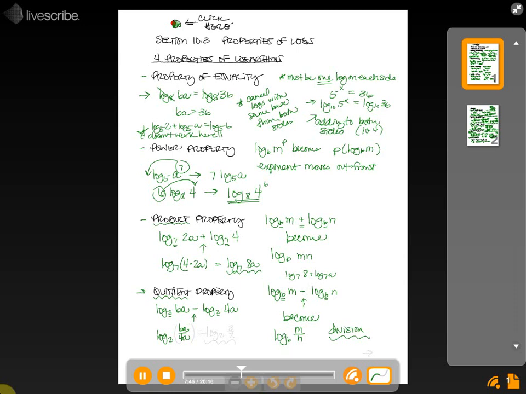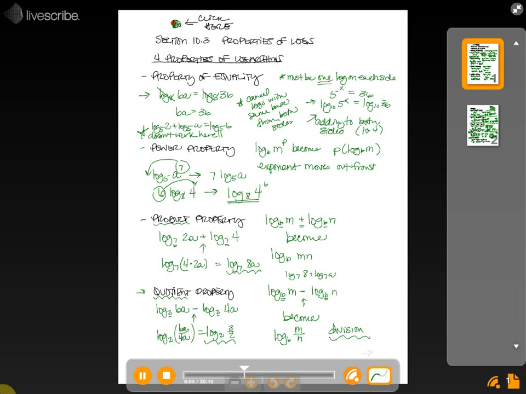And it's always the first one over the second. So 6a is going to become our numerator, 4a becomes our denominator. And then we could simplify that. Log base 2. The a's are going to cancel themselves out, and 6 over 4 is really 3/2. So there would be our answer. Log base 2 of 3 over 2.